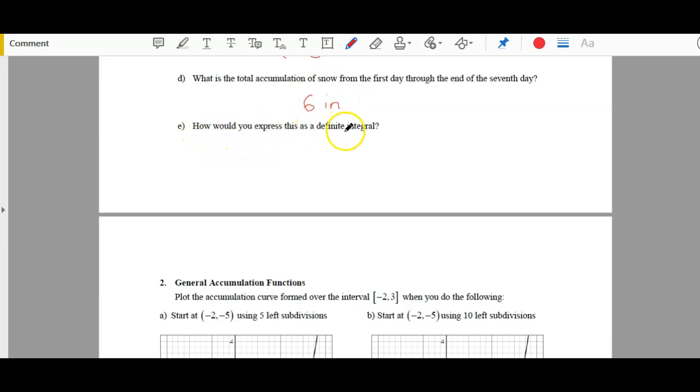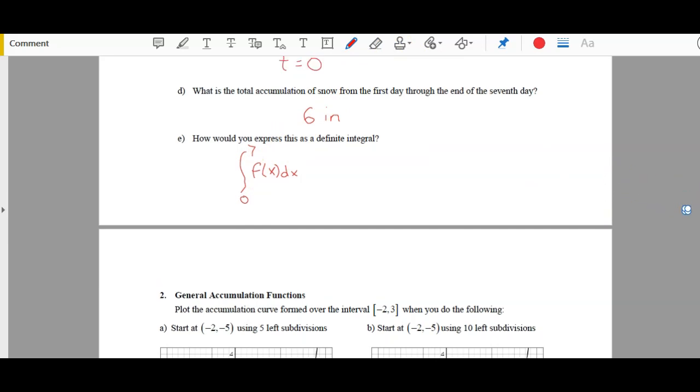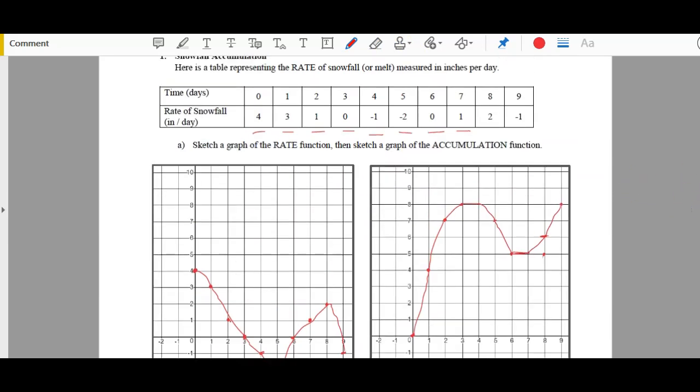And then finally, how would I express this as a definite integral? If we're going from 0 to end of the 7th day, I would say 0 to 7, and then we want this f of x dx. Let's see if we gave it a name real quick.